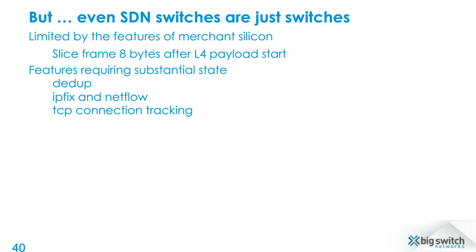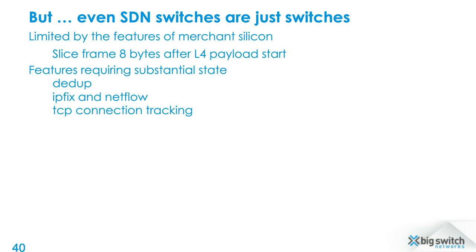So because of that, they don't implement these sorts of operations. There are also much more complicated operations that customers want on top of their network packet broker, and they include operations like dedup, requests for services like IPFIX and NetFlow, and also TCP connection tracking.